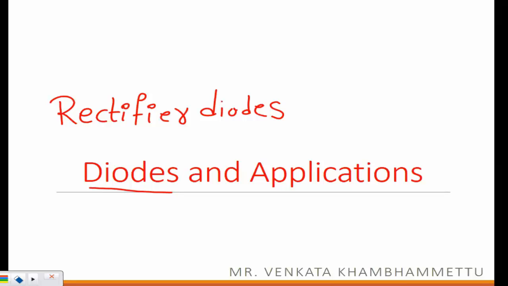But they usually go by the name rectifier diodes. Like when we're purchasing the diodes, there are various categories of diodes. One of them is rectifier diodes. Chapter 2 will completely be, whenever we say diode, we are actually referring to a rectifier diode.